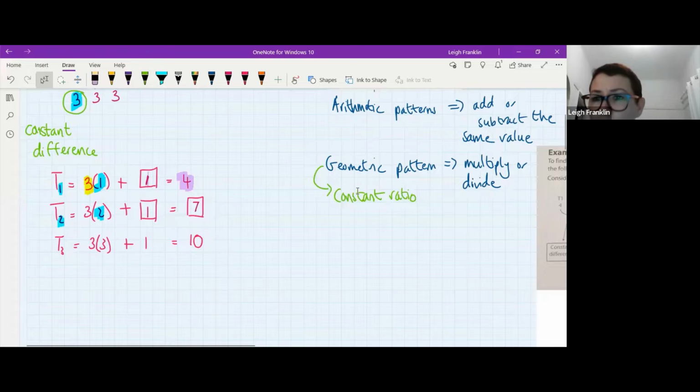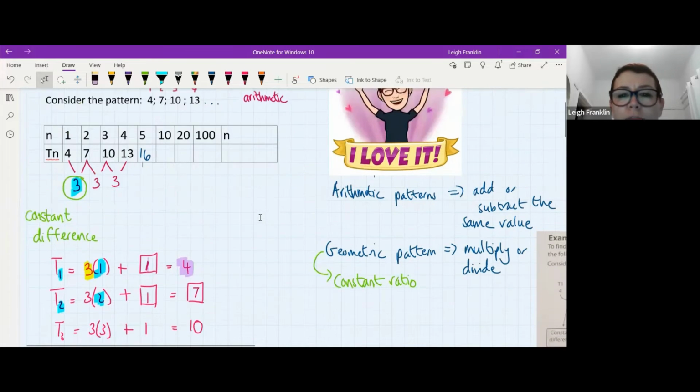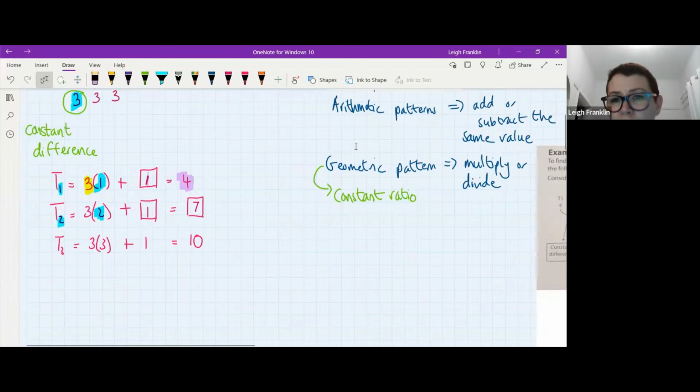So now let's see who's got a hand up. Okay, Intikelo, I want to ask you a question. If I wanted to work out the value of the 20th term of this pattern, what would I do, Intikelo? I'll say 3 times 20. That's it. So 3 times 20, and then what mustn't we forget to do?